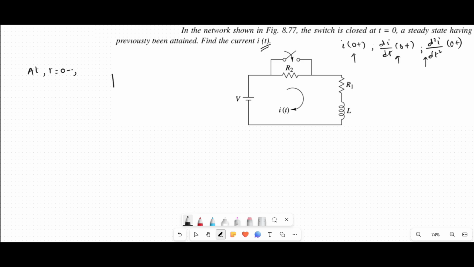Let me draw the circuit again. At 0 minus, our circuit will be this.